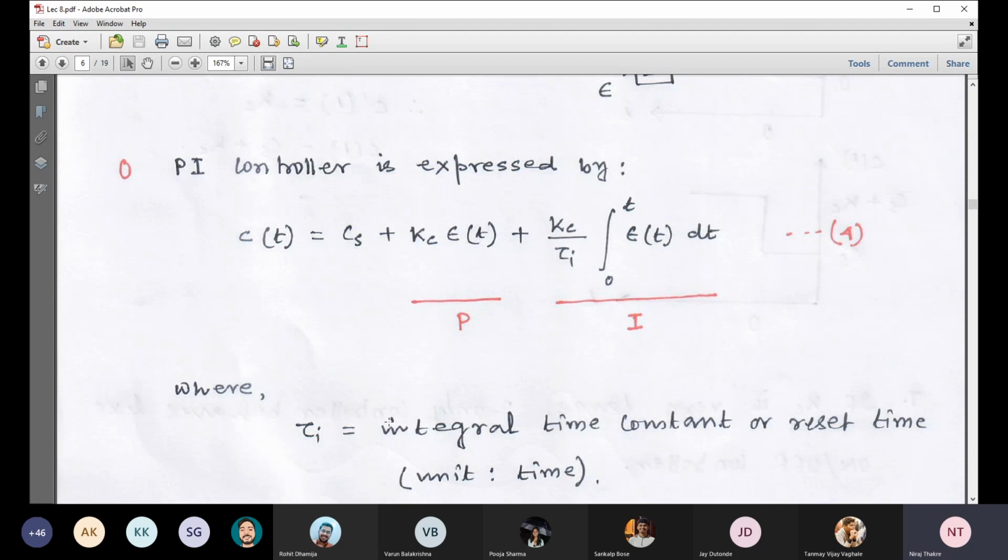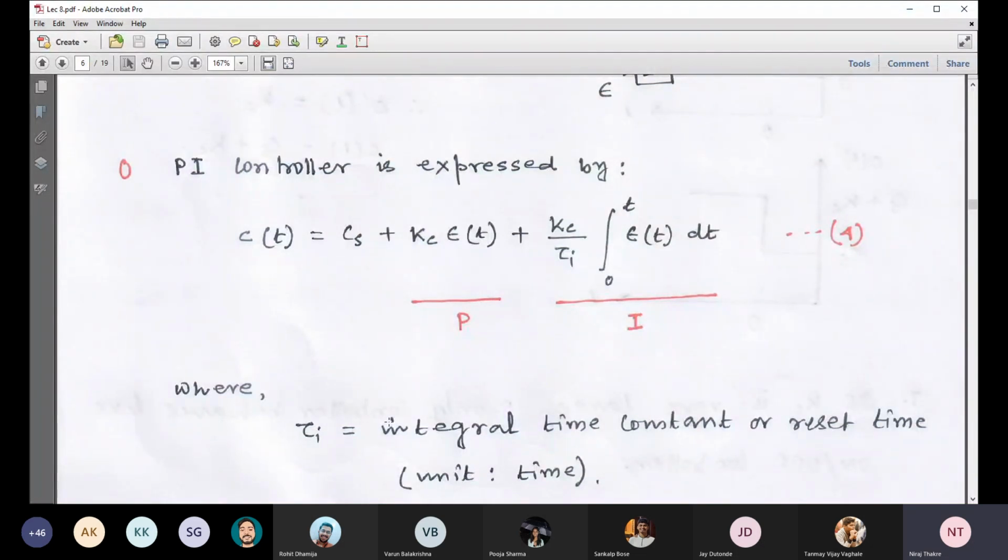See, I did not mention the unit of Kc because Kc depends on, from the expression, delta output by delta input. Delta output and delta input vary from system to system. So the unit of Kc is not fixed. You have to find that out. But the unit of integral time constant or reset time is always fixed. It is time.